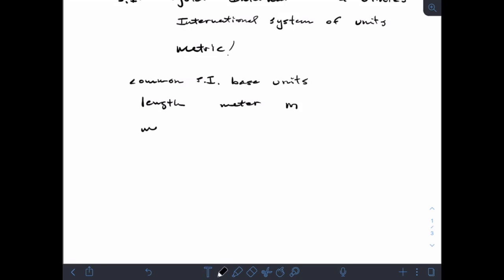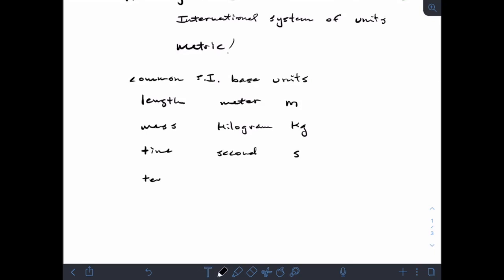For mass, we have the kilogram, which is kg. For time is the second, s. For temperature is Kelvin, for Lord Kelvin, capital K.